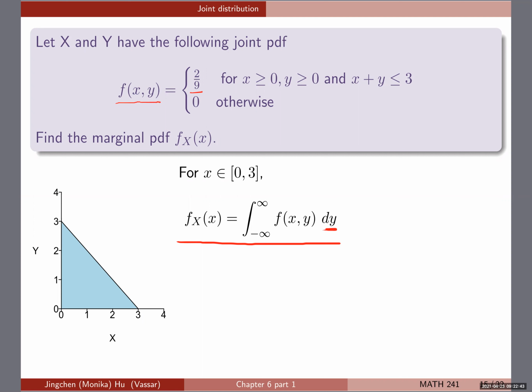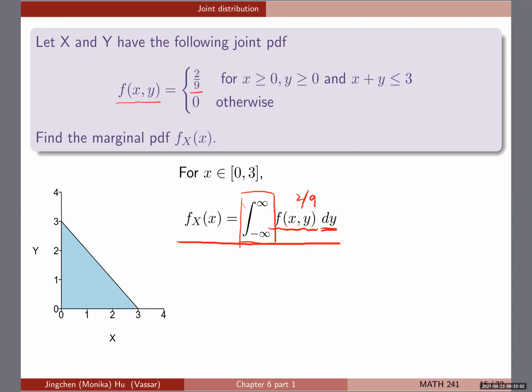Of course, when we started off, we were just writing it on the real line, but we can refine it a little bit given what the question is doing. So dy. First of all, this is 2/9, so that's all good. And now I need to integrate with respect to y.